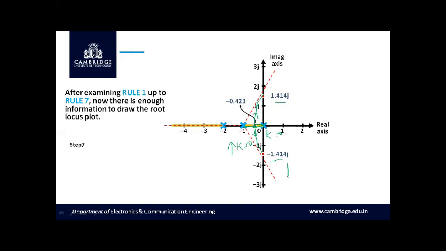In this case, k marginal is equal to 6. When k is greater than 6, the root locus reaches the right half of the S-plane, which makes the system unstable, and it reaches infinity when k reaches infinity.